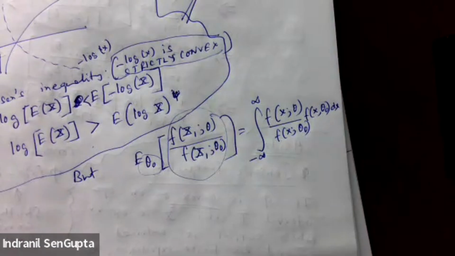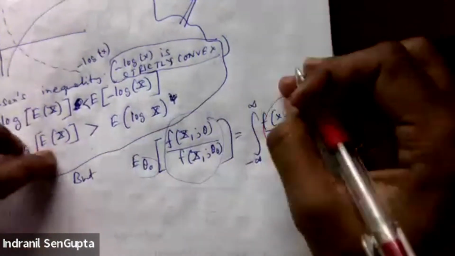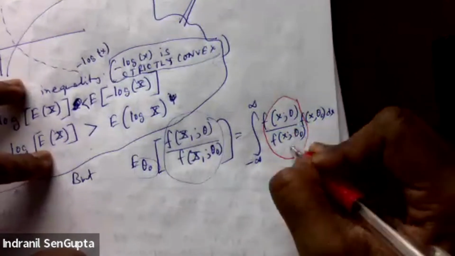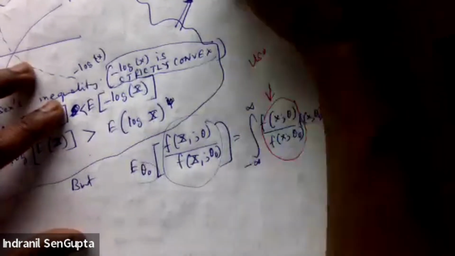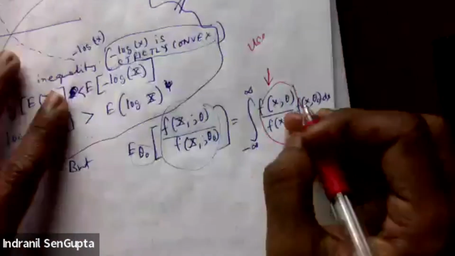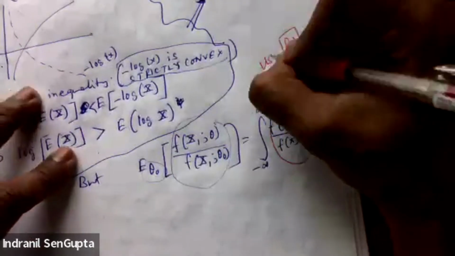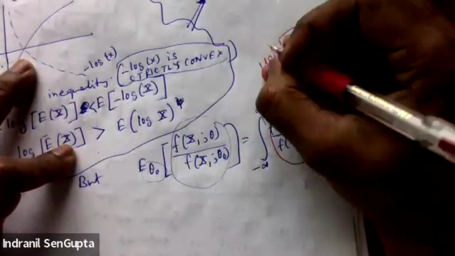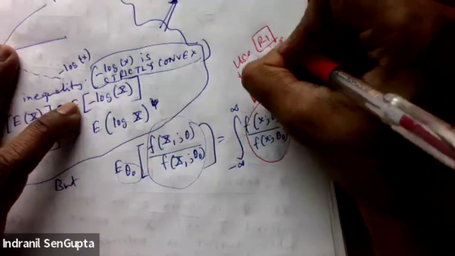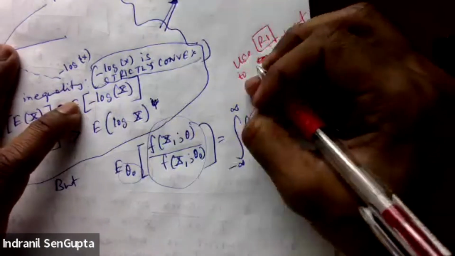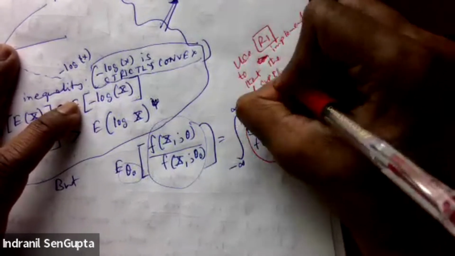Now, please note one more important thing here: the assumption R1 is in play. We don't want to divide by 0 here. So here we have seen where R0 is used. Now use R1 to implement that the support is common.